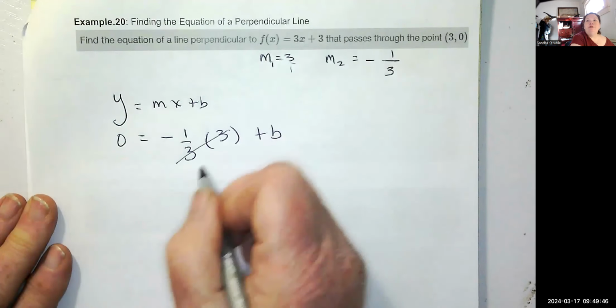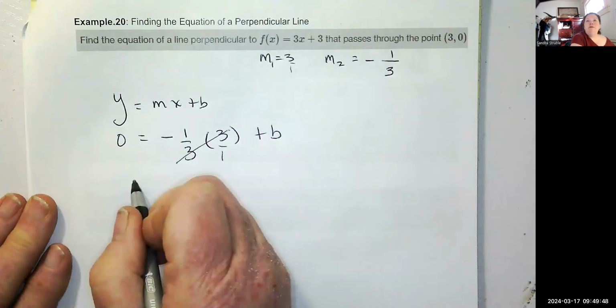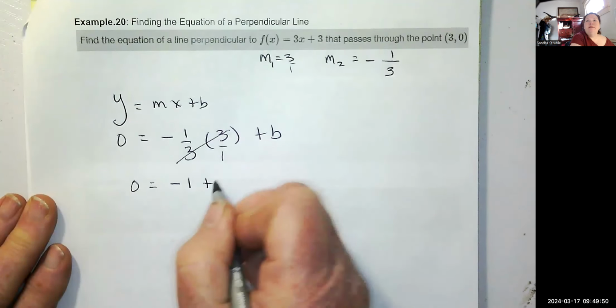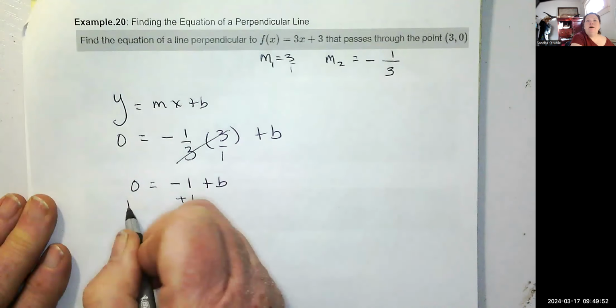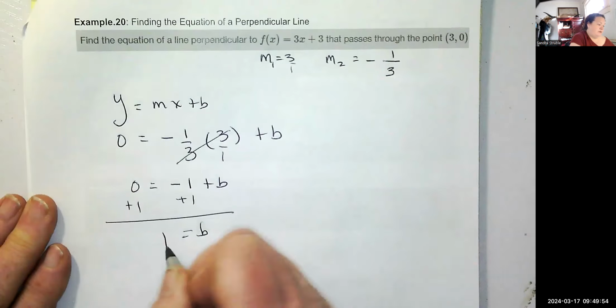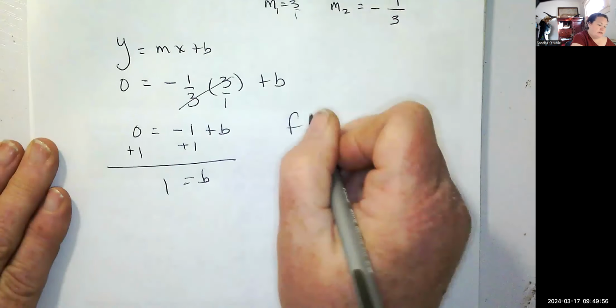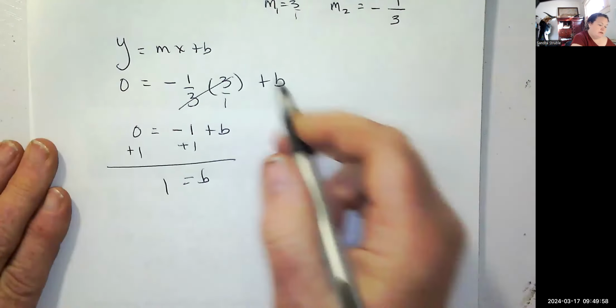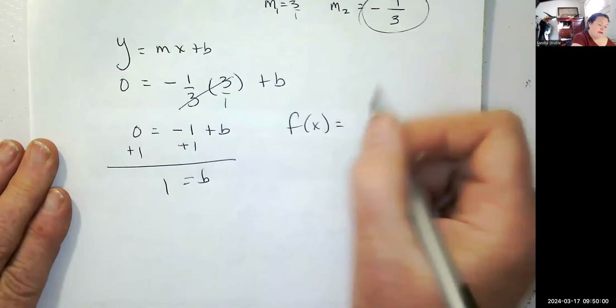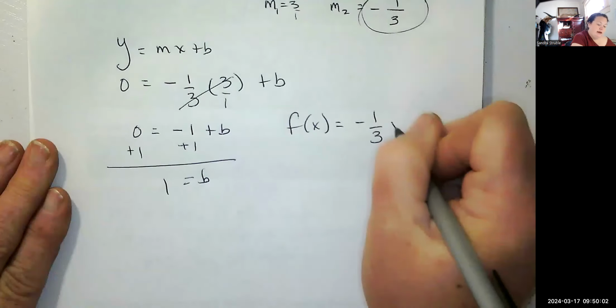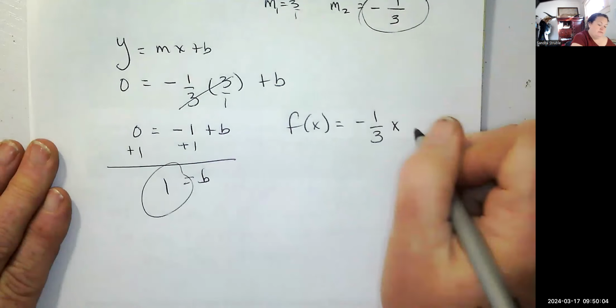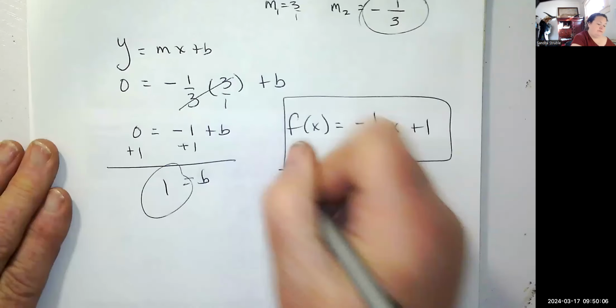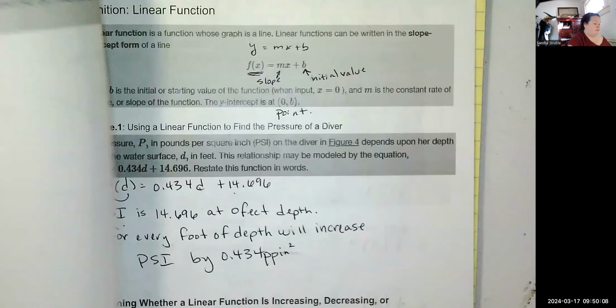Well, these two reduce because this is over 1. 0 equals -1 plus b. Add 1 to both sides. b is equal to 1. So f of x is the new slope, -1/3, x plus 1. And that is it for that one.